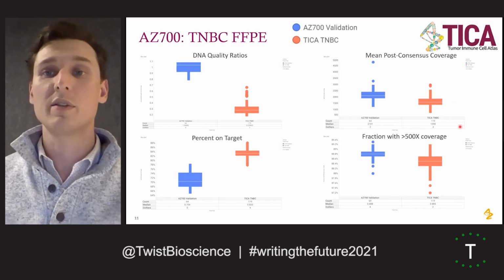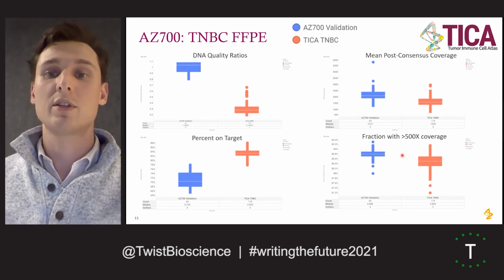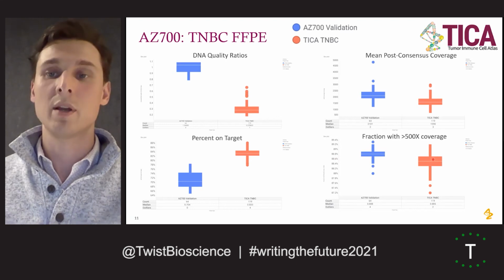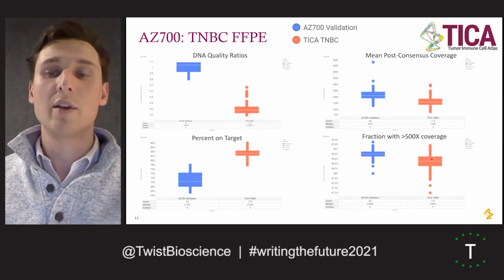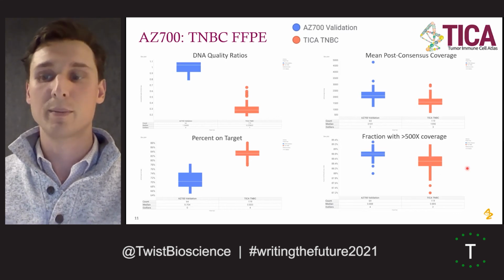So we not only achieved high coverage, but we also achieved uniform coverage. This is displaying the fraction of AZ700 with greater than 500x coverage. And for the TNBC cohort, it's at about 88.5%. So we are getting greater than 500x on the vast majority of the content that we were trying to capture.